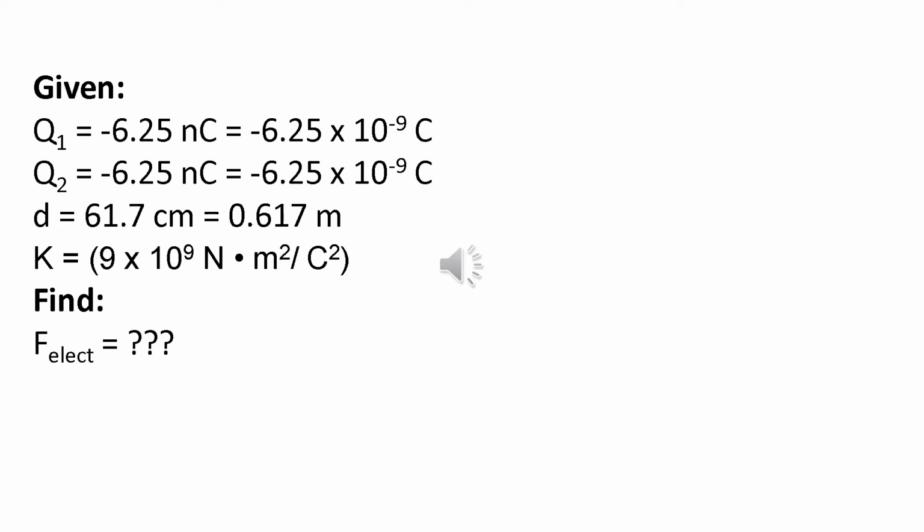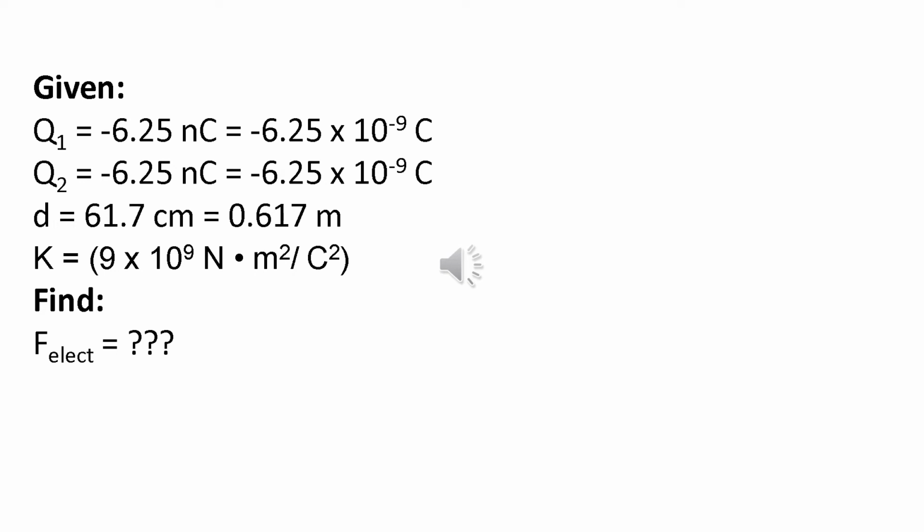So we need to convert the units of the other givens para mag-match doon sa Coulomb's law constant natin. Kaya the value of charge 1 and charge 2 will become 6.25 raised to negative 9 coulomb. And the value of the distance will be 0.617 meters para mag-jive siya doon sa Coulomb's law constant.